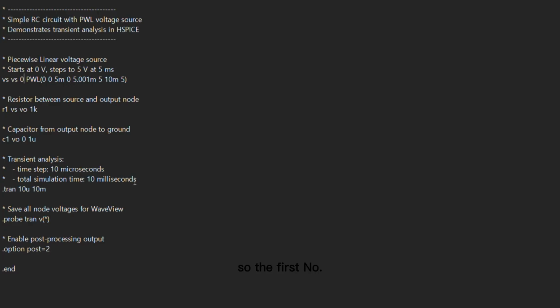The first number, 10 microseconds, is the time step used for saving data, and the second number, 10 milliseconds, is the total simulation time. This gives us enough resolution to clearly see the RC charging behavior. That's why it was set in this way.